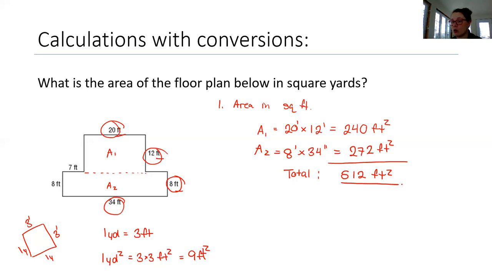So I started out with 512. I want to convert that into yards, square yards. So I need to multiply. Let's use these numbers in a fraction. So we know 1 yard squared is 9 square feet. Put the feet on the bottom, so the feet and feet cancel.